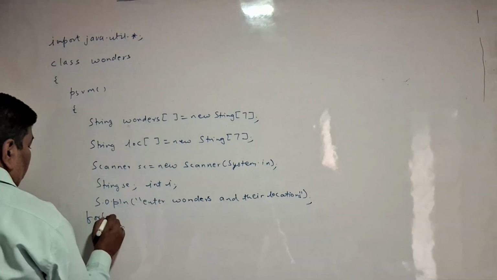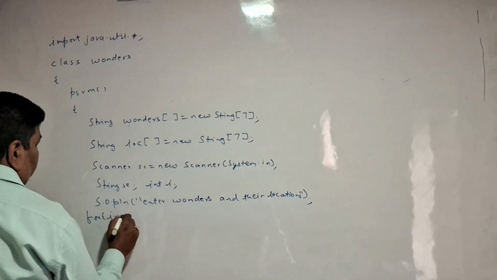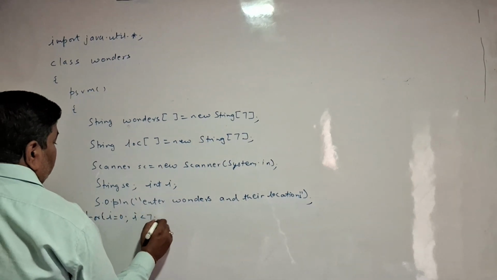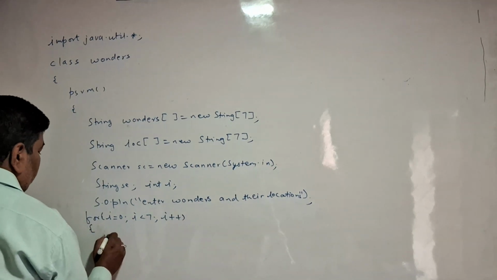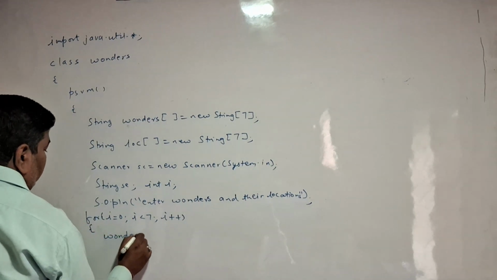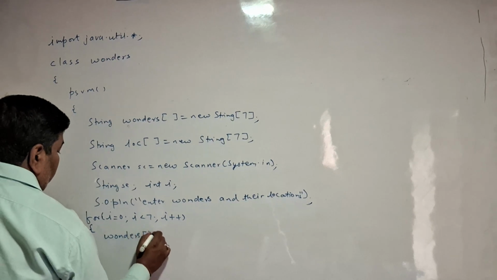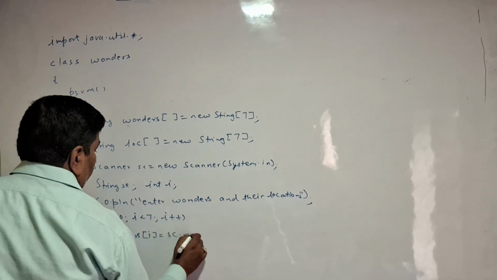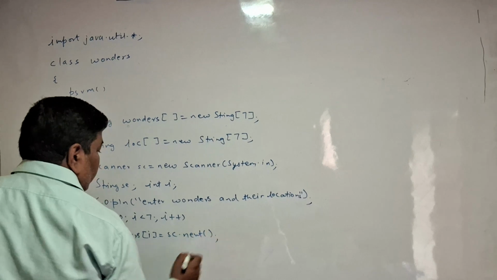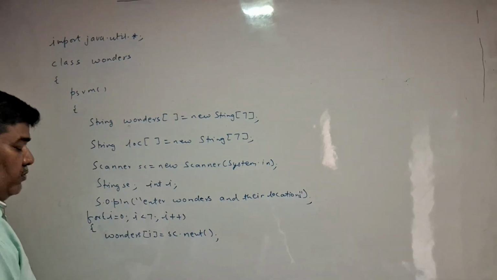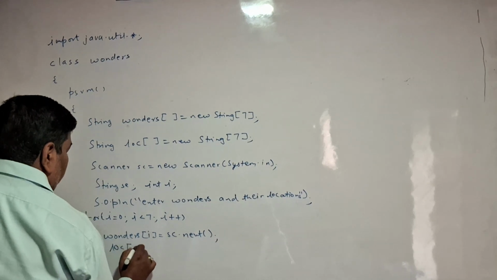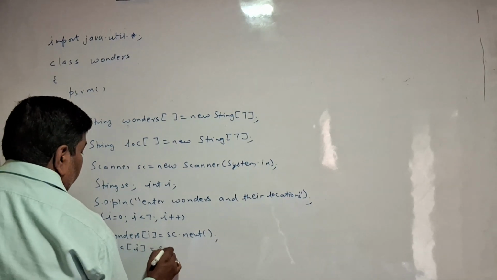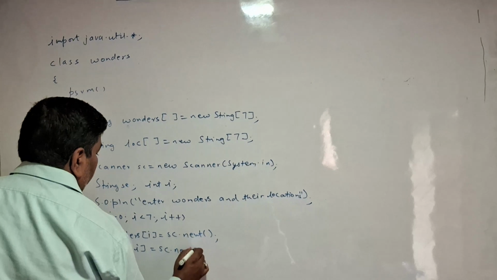Run the loop for i equal to 0, you already know the size, i less than 7, i plus plus. Inside this, write only the input statements. wonders at i equal to sc dot next. Don't write next line. In arrays next line doesn't work. All the values will go at the same location. Then location at i again equal to sc dot next.